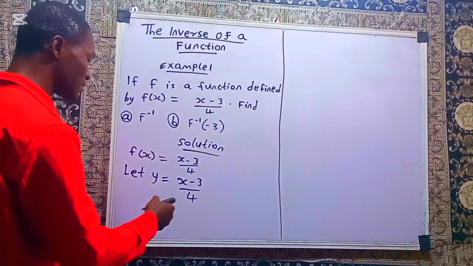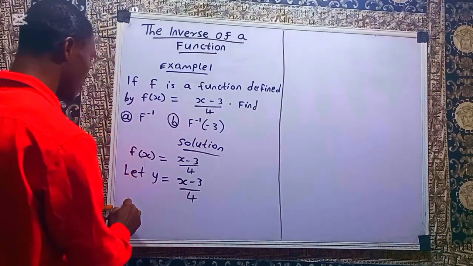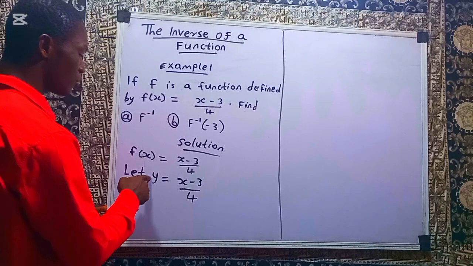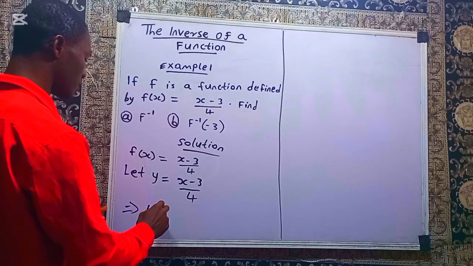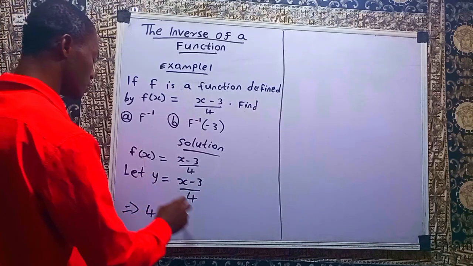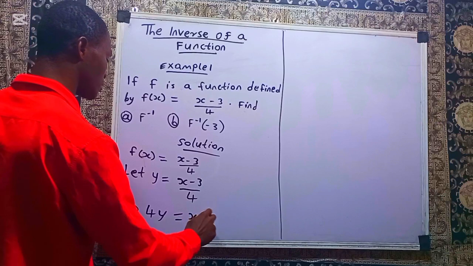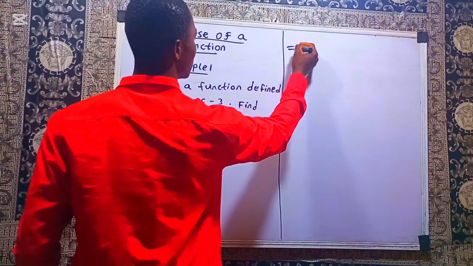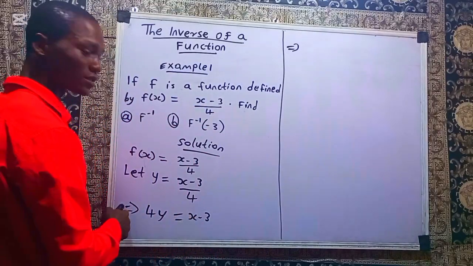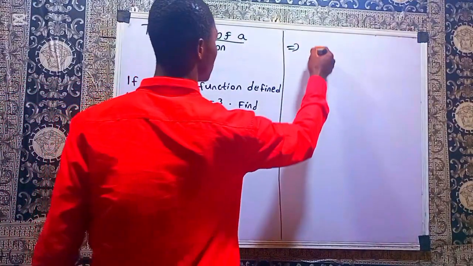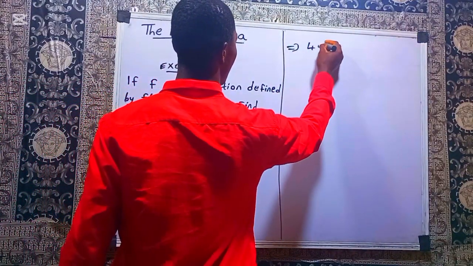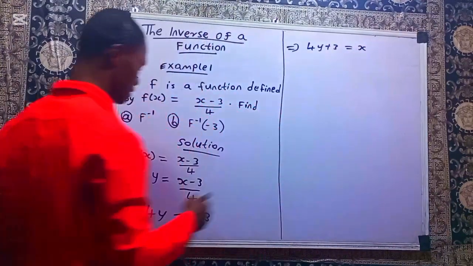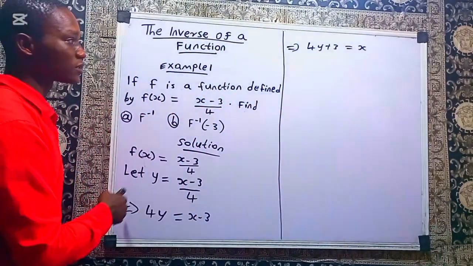If you want to make x the subject of the formula, you can cross multiply. If you cross multiply, 4 will multiply y, so you have that 4y is equal to x minus 3. Then you move minus 3 to this side, and you get 4y plus 3 is equal to x.